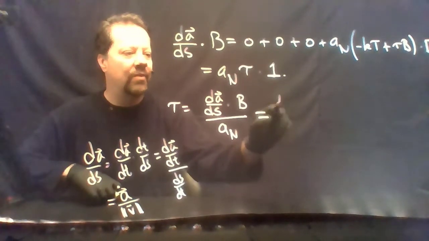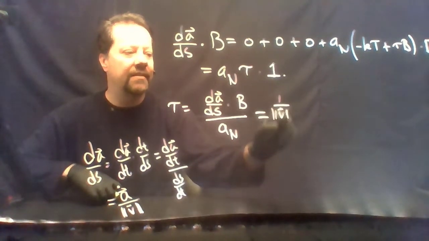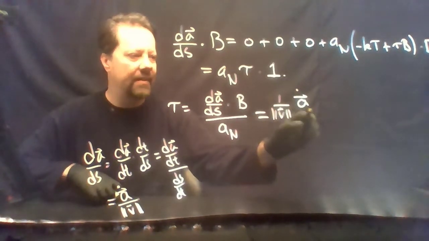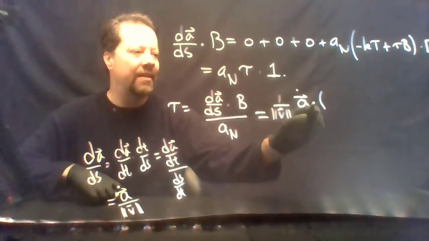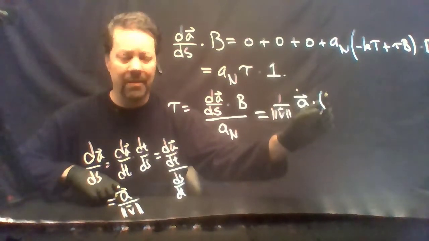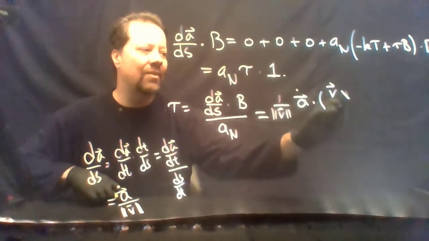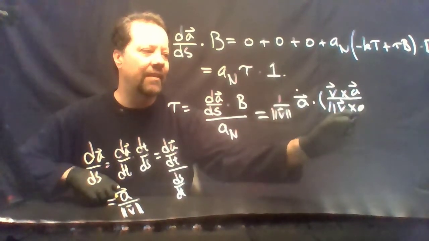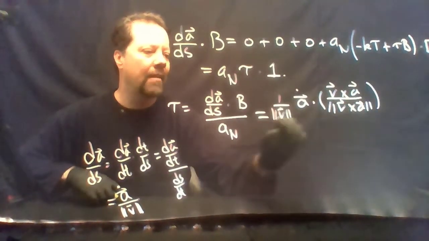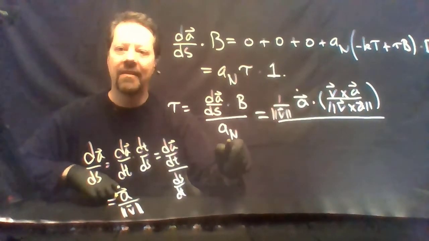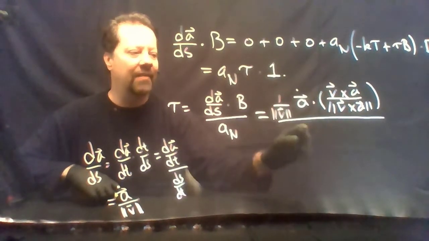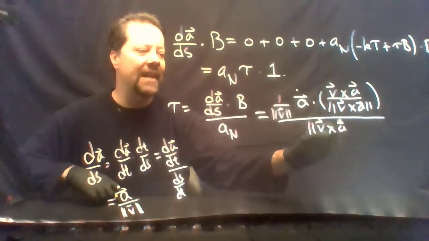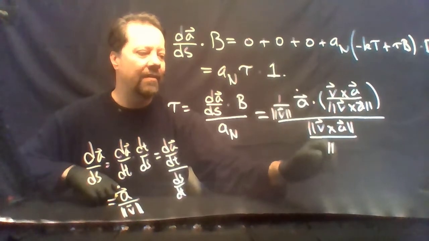We have then 1 over the norm of the velocity vector times the jerk, the derivative of the acceleration, dotted with the binormal. The binormal, you'll remember, is v cross a divided by the norm of v cross a. And that's all over the normal component of acceleration, which we had a formula for: the norm of v cross a over the norm of v.